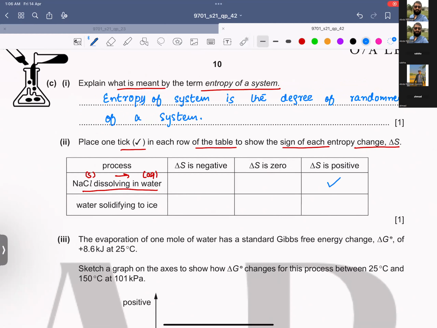Water is solidifying to ice, so a liquid is turning into a solid. So there must be a decrease in the disorderness, because in water the molecules are more disordered, and in solid the molecules are less disordered, so the delta S is negative. Is this clear? Yes, sir. Okay.